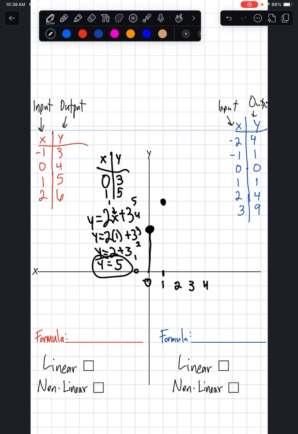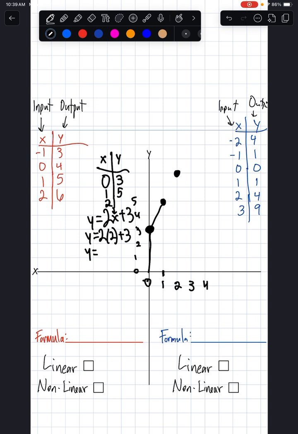And then you can imagine what 2, if we input 2, we'll just do it real quick. I want you guys to guess what the output's going to be based on our line so far. You guys know that it's going to rise 2, run 1. So you can guess it's going to be there. I'm going to show you why. So we input our 2, which gives us y equals 2 times 2 plus 3.